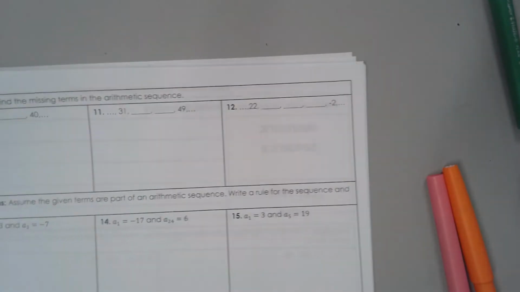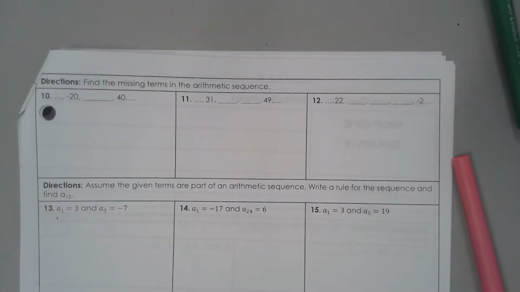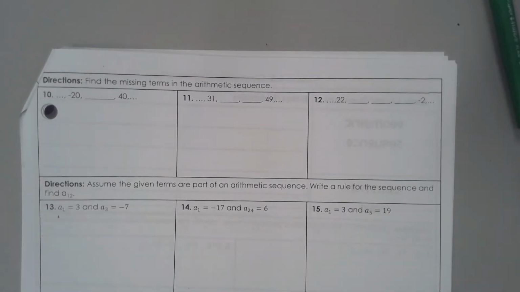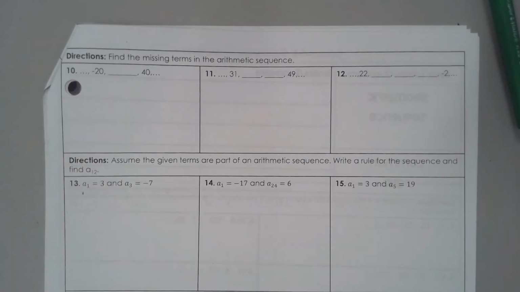So we're going to do a few different types of questions using what we know about common difference and what we know about the formula. A lot of times you just have to think through, what do I have? How am I going to find this? Okay. So 10, 11, and 12, I'm telling you it's an arithmetic sequence, and I want you to find the missing terms.